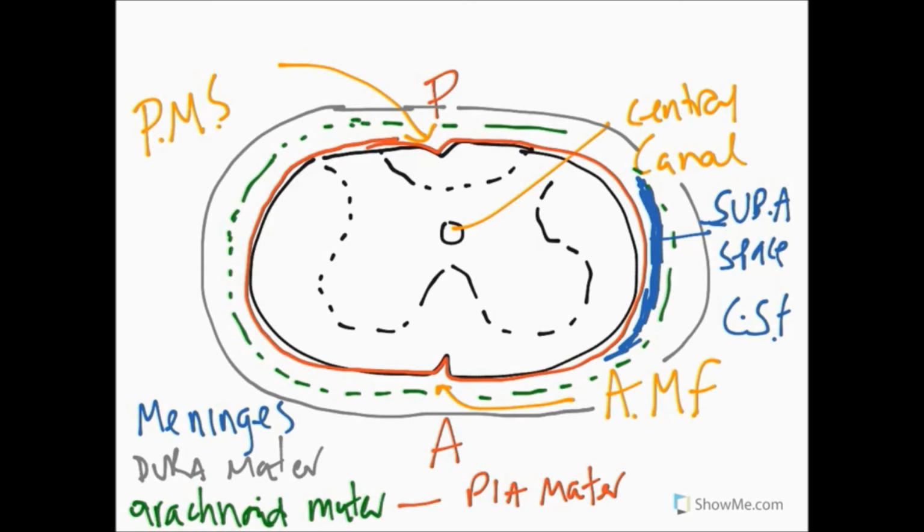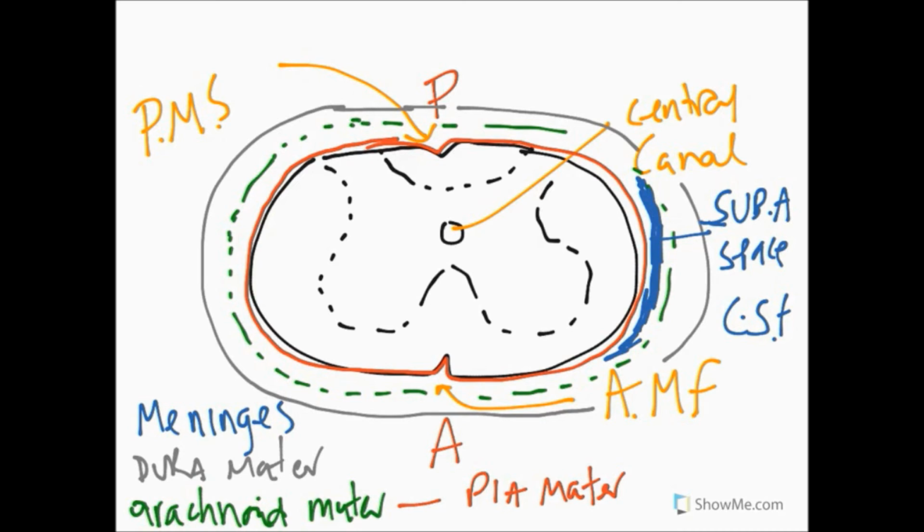So as a consequence of that, CSF can be withdrawn from the subarachnoid space in the lower lumbar region without endangering the spinal cord. This is really important clinically, because there is something known as a spinal tap or a lumbar puncture, and this can be carried out clinically for a number of reasons.